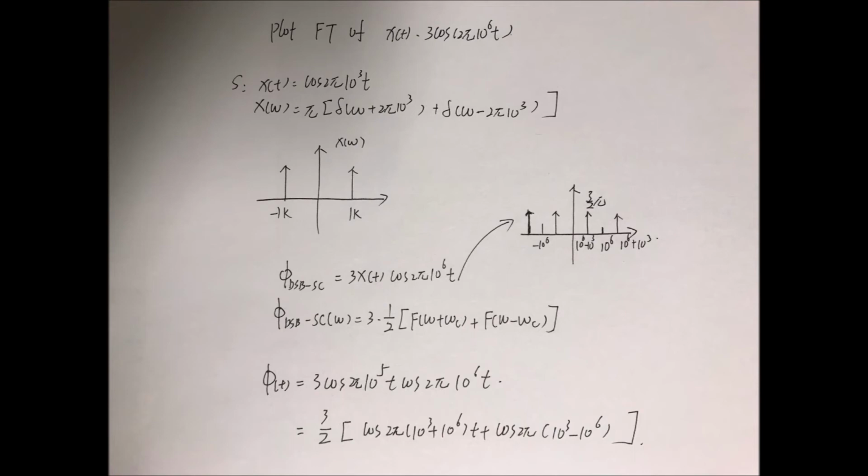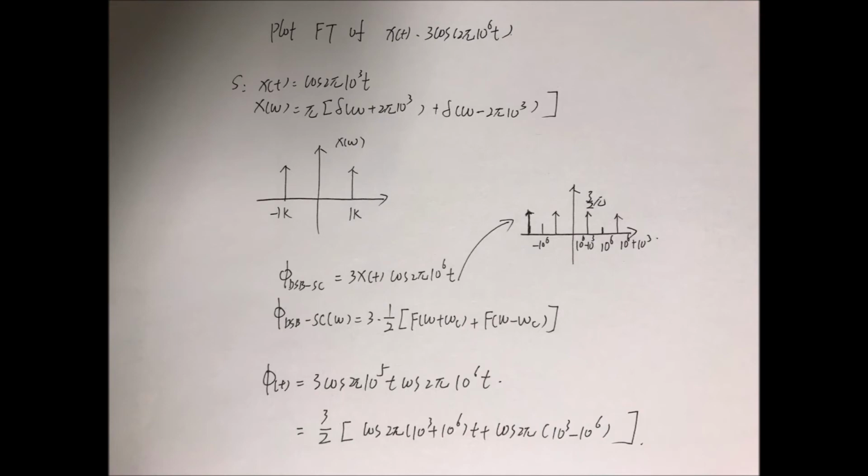my Fourier transform of the signal should be half F(omega plus omega c) plus F(omega minus omega c).